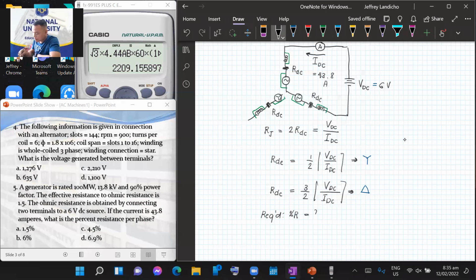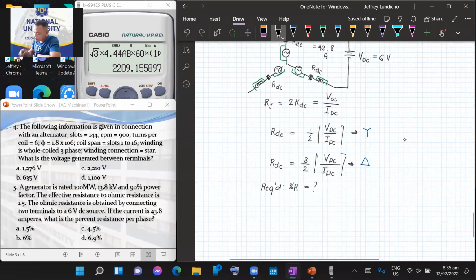Percent R. So, kung babalikan natin yung sa ating transformer, percent R, that is the actual resistance. Sino ngayon yung actual resistance natin? That is your AC resistance, multiplied na lang kanino? MVA base, divide mo kanino? KV base squared, at saka na lang natin i-multiply ng 100%.